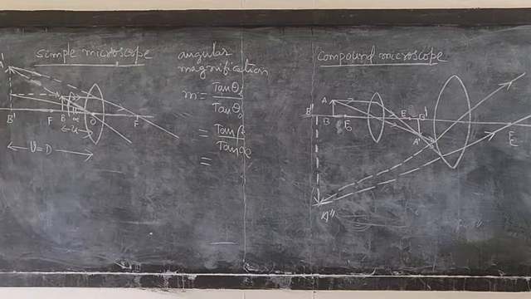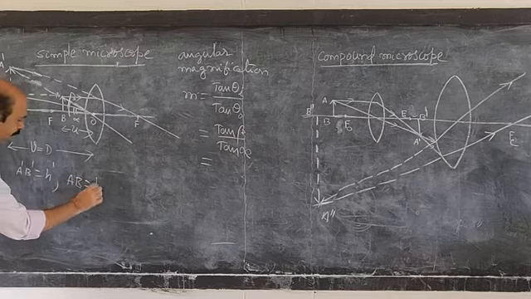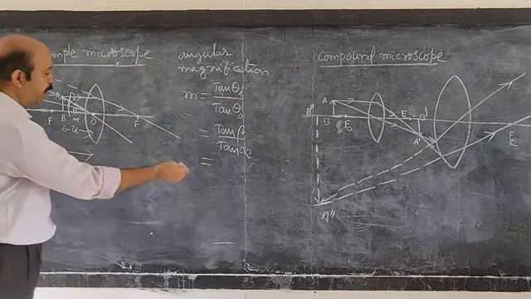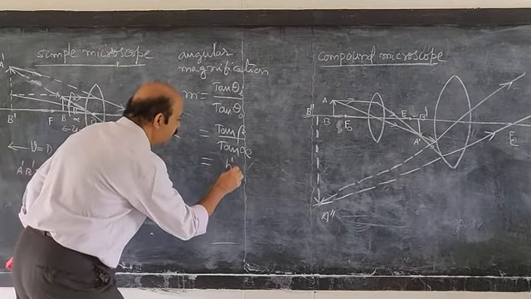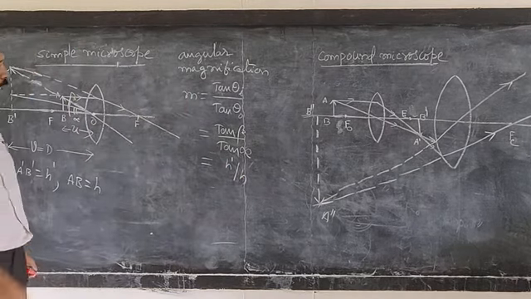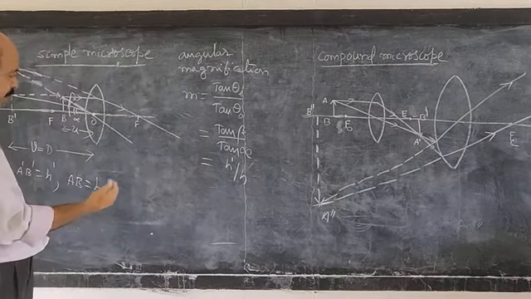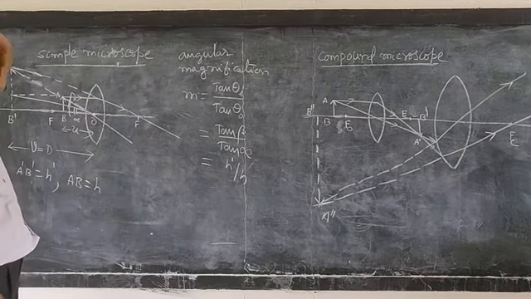So OB dash gets cancelled. Let us take A dash B dash as h dash, and AB, the linear size of the object, as h. So what we get is h dash by h, which is nothing but linear magnification. Angular magnification is equal to linear magnification. That's what we got.